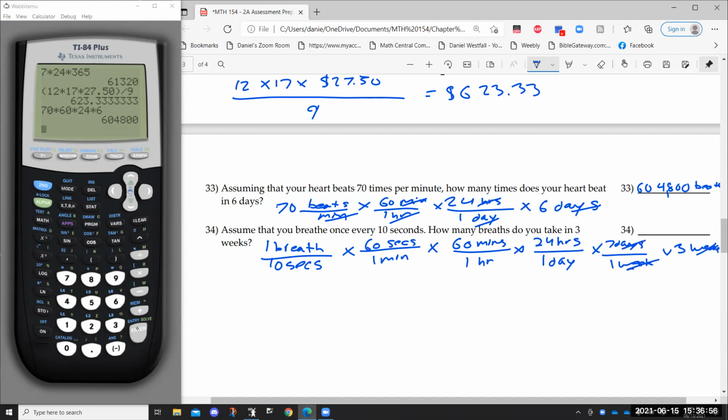Weeks cancel with weeks, days with days, hours with hours, minutes with minutes, seconds with seconds.